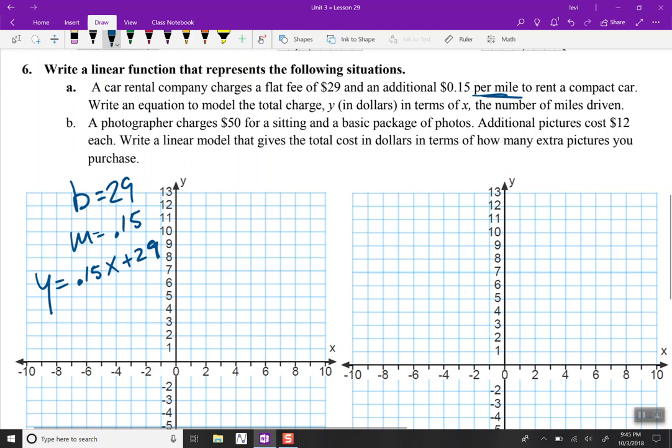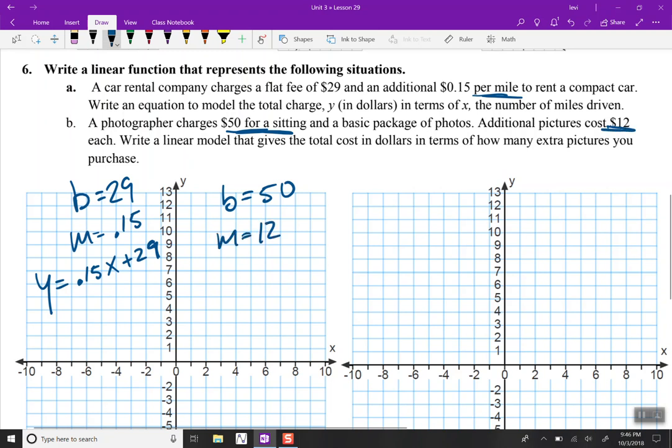A photographer charges $50 for a sitting. There's our y-intercept. And basic package of photos, additional pictures cost $12 each. Write a linear model that gives the total cost in dollars in terms of how many extra pictures you purchase. So $12 each is going to be our slope.